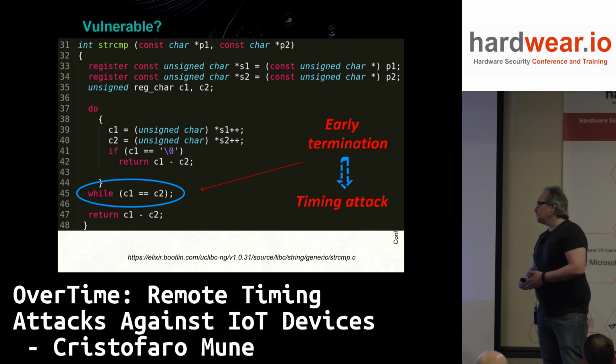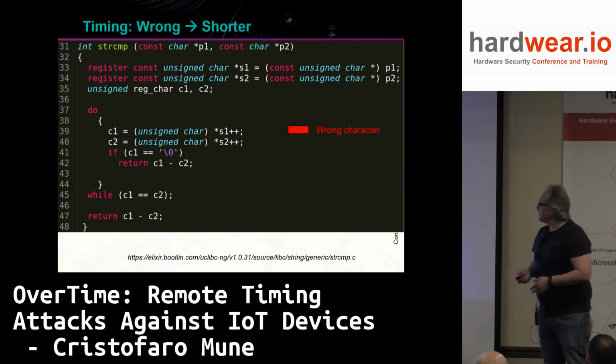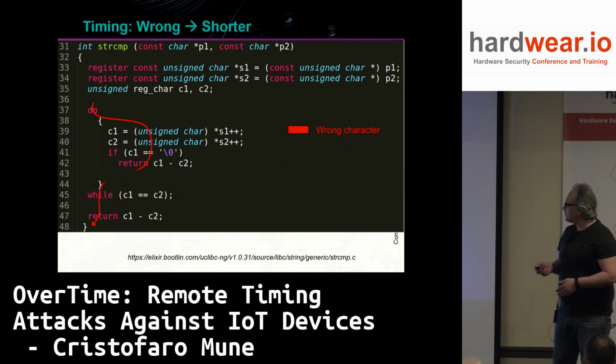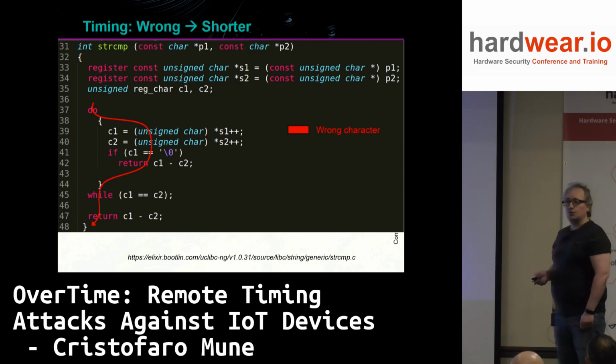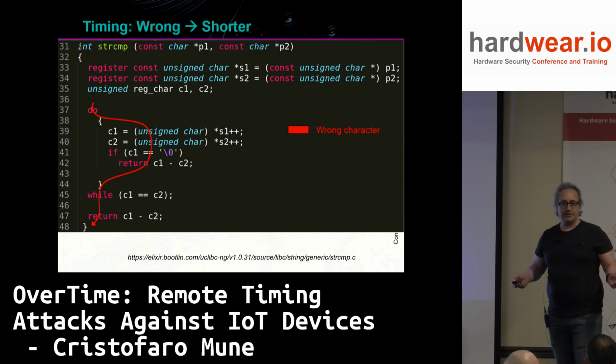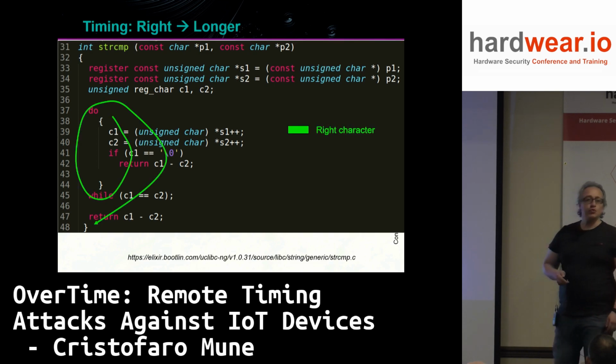So what is the problem over here? If I send a wrong character, which I don't know is wrong, the loop just exits directly. I just send one, okay? Then I send by chance a good one.